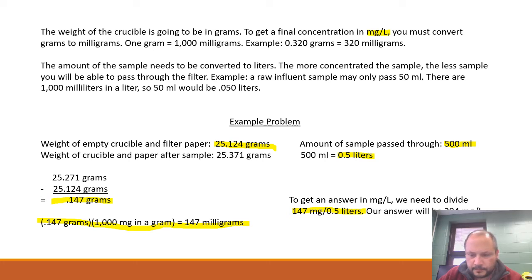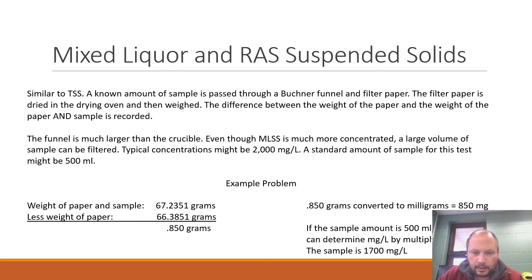So mixed liquor and return activated sludge suspended solids are pretty much the same concept. We use a bigger vessel called a Buchner funnel and a larger filter paper that we can actually pull out of the funnel after we pass a sample through it and put it in the drying oven to dry by itself.